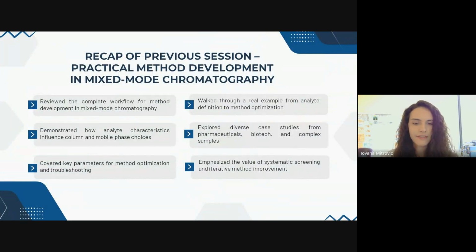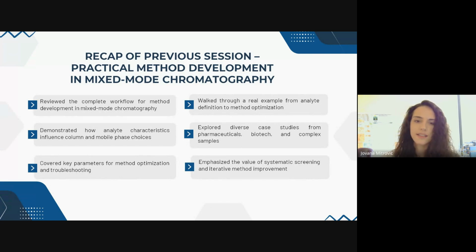Before we dive into today's content, let's take a moment to recap what we covered in our last session, practical method development in mixed mode chromatography. We walked through the entire workflow of method development, demonstrating how analyte characteristics influence both column and mobile phase selection.